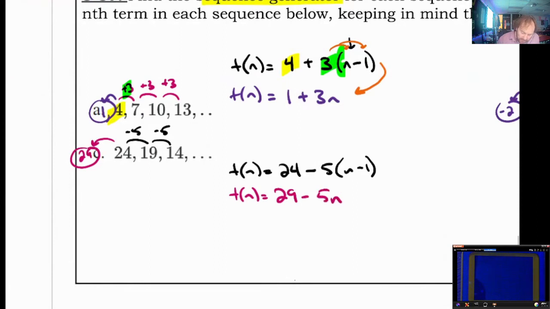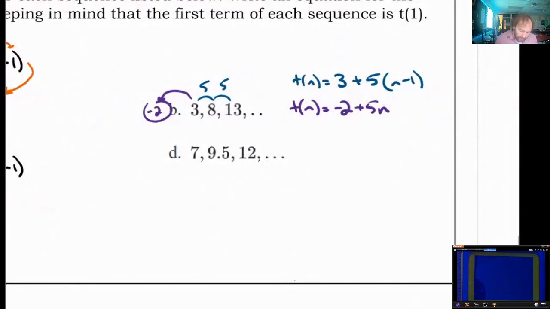Again, the thinking here is if I plug in 1, I want to be able to get 24. You need the first term to be 24. So 29 minus 5 is 24. So that's why you need the n minus 1, or you need to go back in time one step to the 0 term.